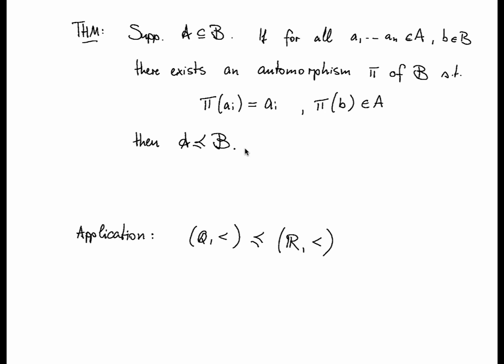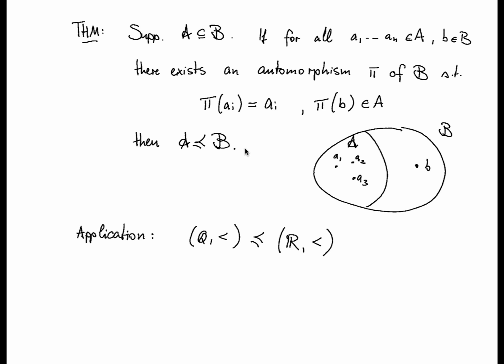So again, if we do have a structure B, and inside this sits A, and given a finite tuple in A, let's say in this case a1, a2, a3, and an element b in B, we can find an automorphism pi of the structure B that leaves the ai's fixed and moves b into A.